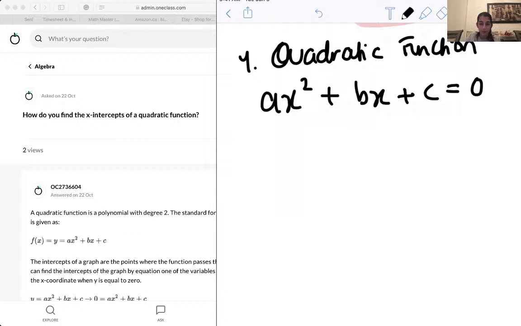One way of figuring it out is using factors. The first method that we're going to use is called factoring.